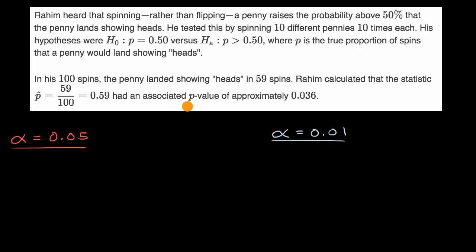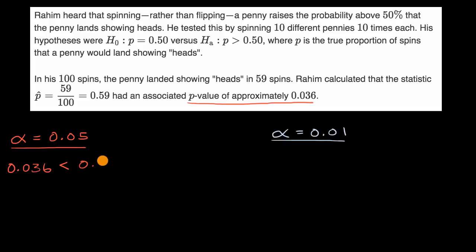So let's first of all remind ourselves what a p-value even is. You can interpret that as the probability of getting this sample proportion right over here, this sample statistic, if you assume that the null hypothesis is true. And if that is low enough, if it's below some threshold, which is our significance level, then we will reject the null hypothesis. And so in this scenario, we do see that 0.036, our p-value, is indeed less than alpha.